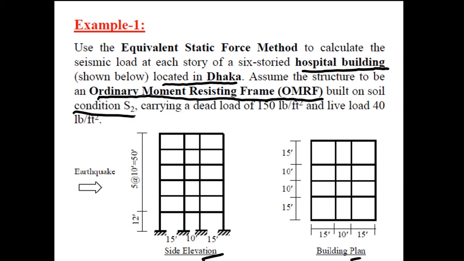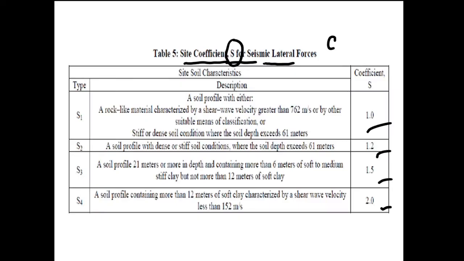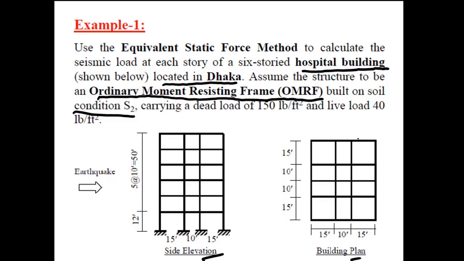From the soil condition, we can see here the table for different soil conditions. So for S2 the value will be 1.2. The dead load is given as 150 pound per feet square, and live load is given as 40 pound per feet square. So here we are asked to calculate the seismic load or shear load or lateral load due to earthquake at each story level.